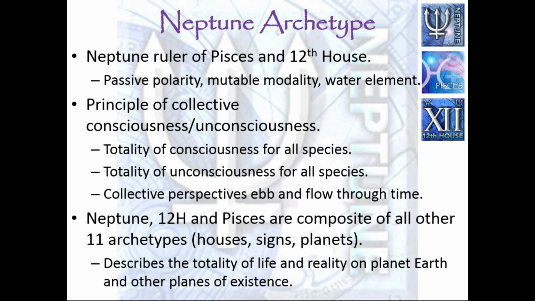So Neptune, 12th house in Pisces, can describe the totality of life and reality as it exists on planet Earth and as it exists in other planes of existence as well.